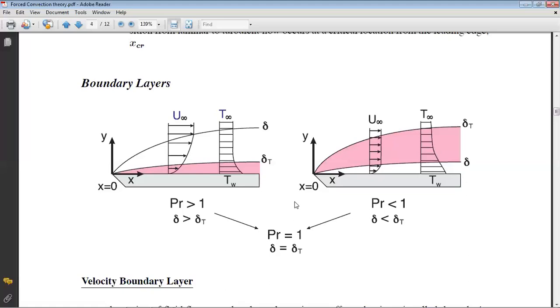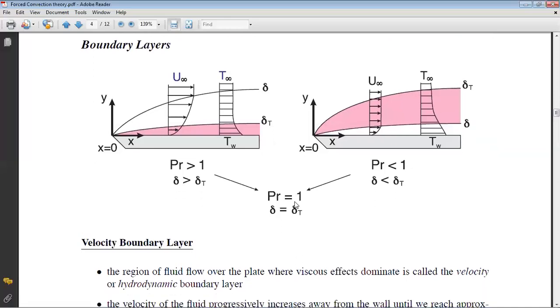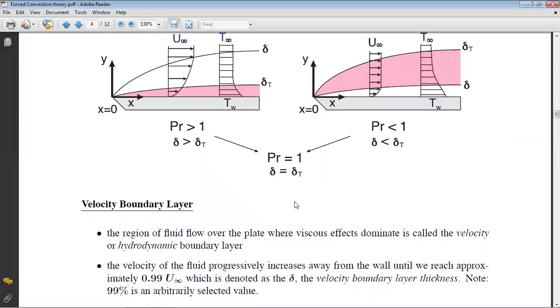In your problems, for a given hydrodynamic boundary layer thickness, you may be asked to calculate the thermal boundary layer thickness for a given Prandtl number. Generally, this kind of questions will be asked in competitive exams.